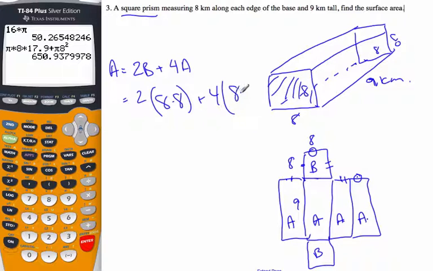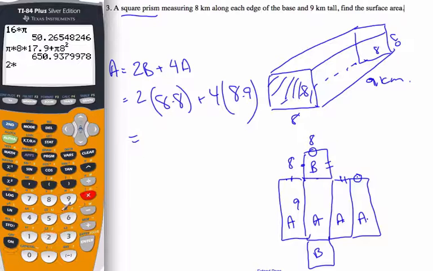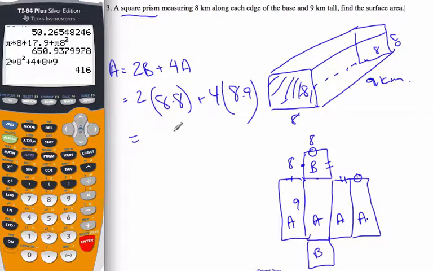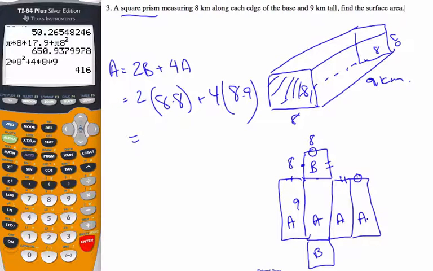A is going to be 8 times 9. I throw this in my calculator: 2 times 8 squared plus 4 times 8 times 9. I get 416 kilometers squared. That's a big prism.